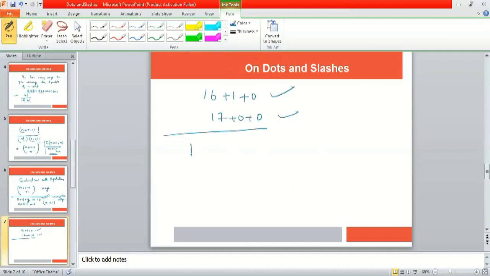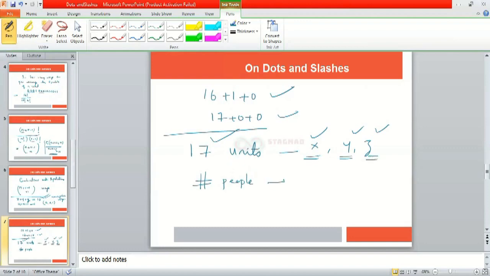I want to distribute 17 units, which is on the right hand side, to three variables x, y, z. The number of people here, the way I'm looking at the three guys, is r, which is 3.